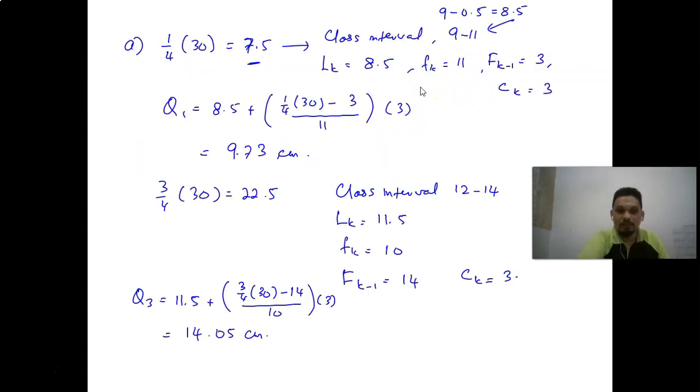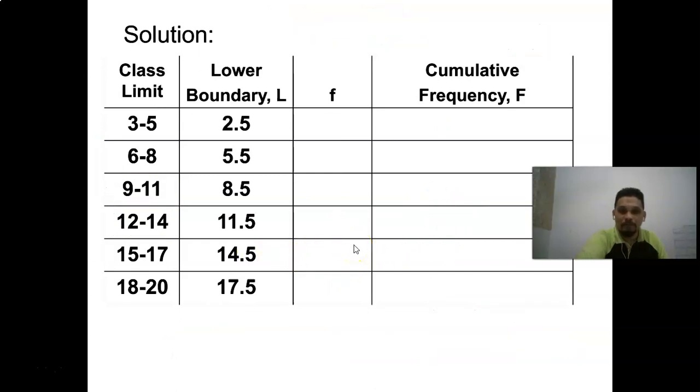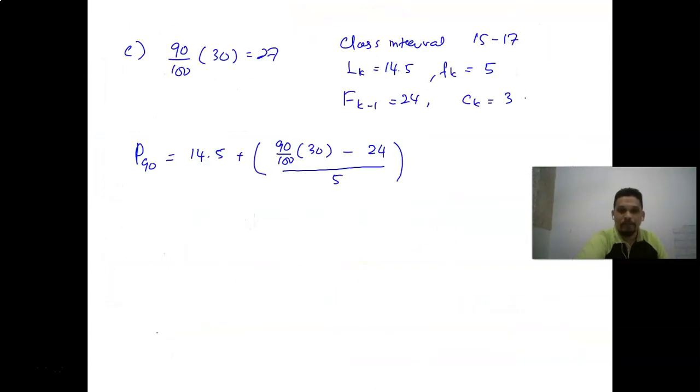Let's take a look again. So this is the frequency of the class, and this is the cumulative frequency before the class, 5 and 24 here. Okay, and multiply with the size of the class equal to 3, and use a calculator, it will give you 16.3 centimeter. So the 90th percentile is equal to 16.3 centimeter.